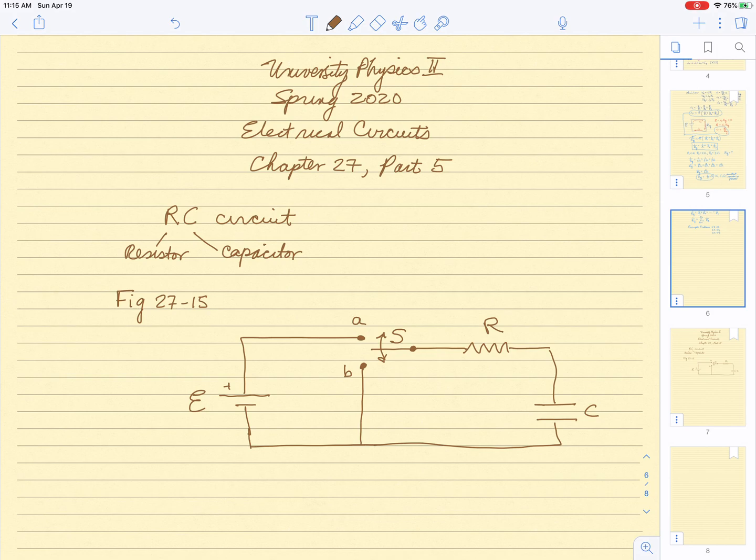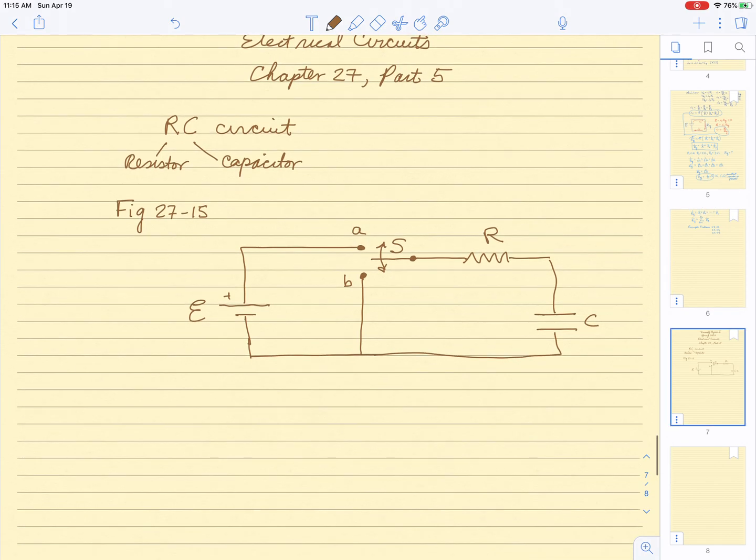So when the switch is toggled up to position A, then the electromotive force will be part of the circuit. So when switch S is toggled, I hope that's spelled right. Let me just check on. Yep.